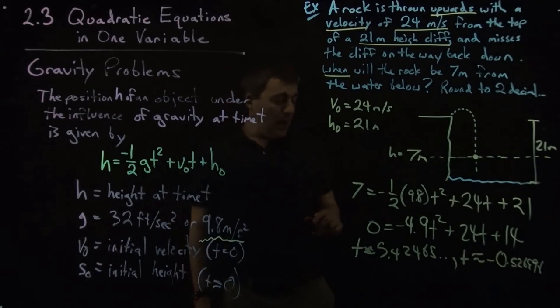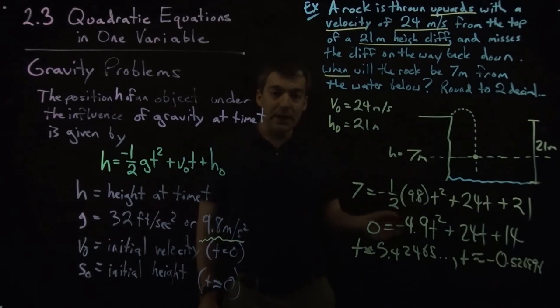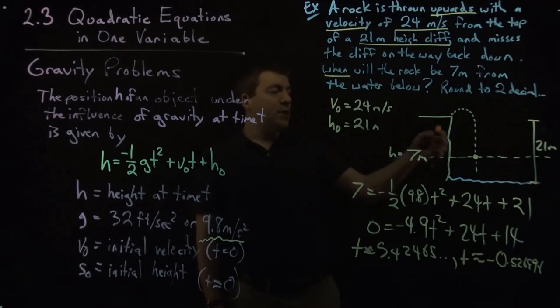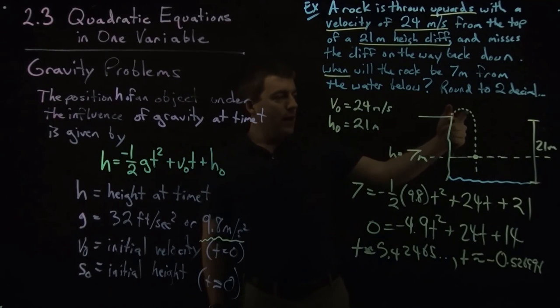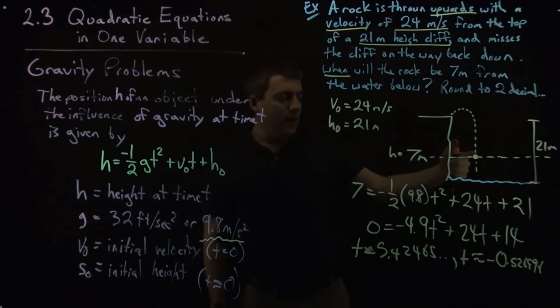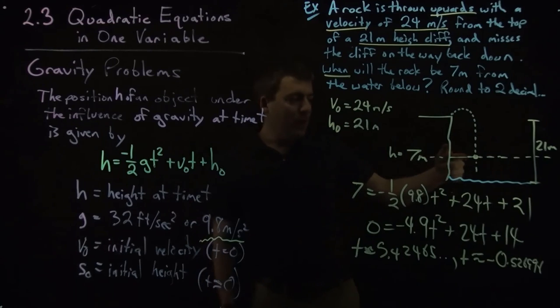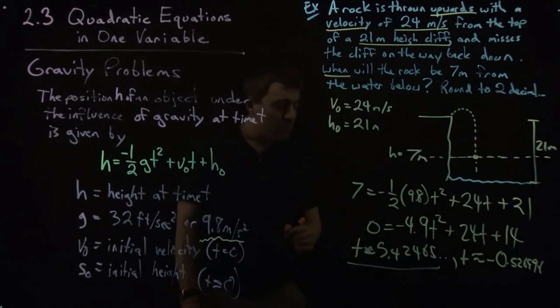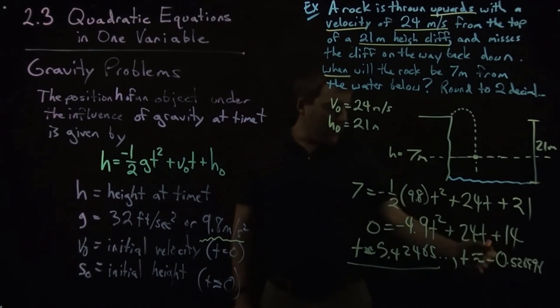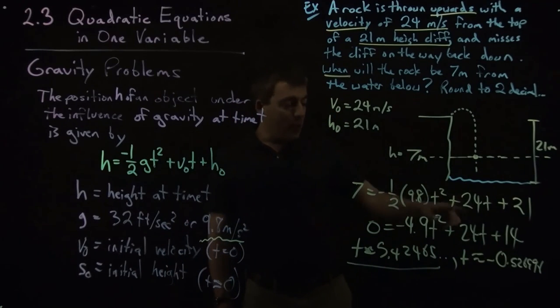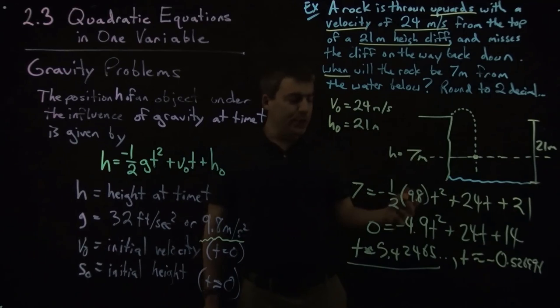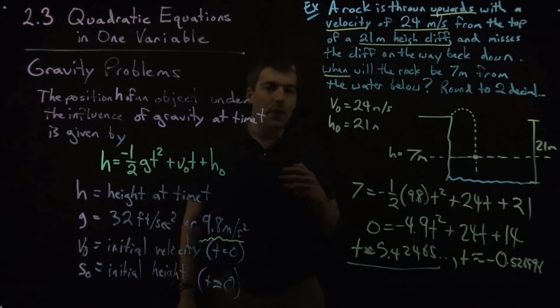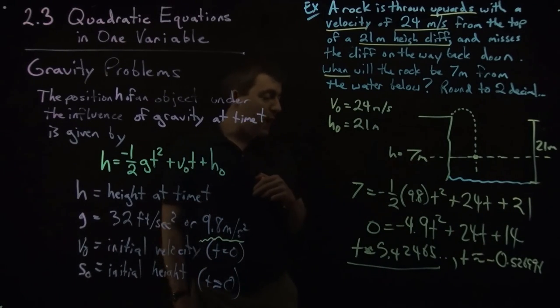Okay, now only one of these answers makes sense for the problem. T equal to 0 is when we start to throw the rock, and then sometime later, we will have the height be equal to 7 meters. That's going to be this first one. Where does this negative one come from? Well, since this is a quadratic, it's going to have 2 real solutions. If you calculated the discriminant, you saw it was positive.